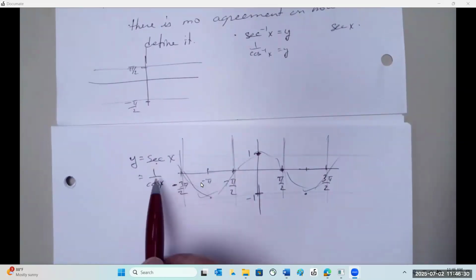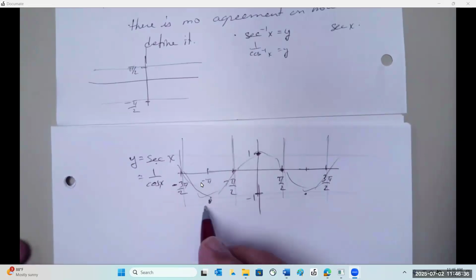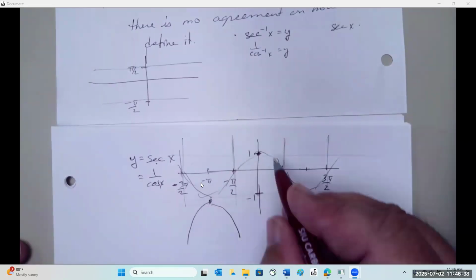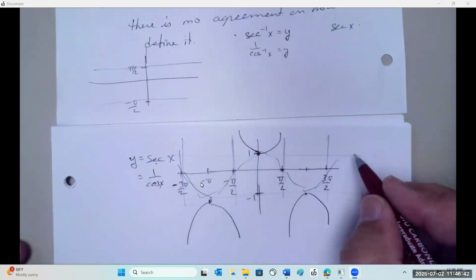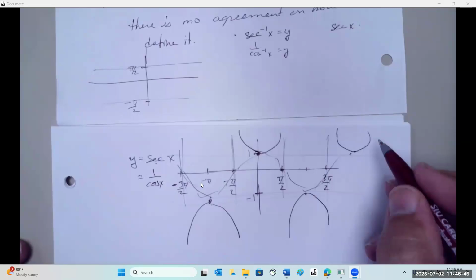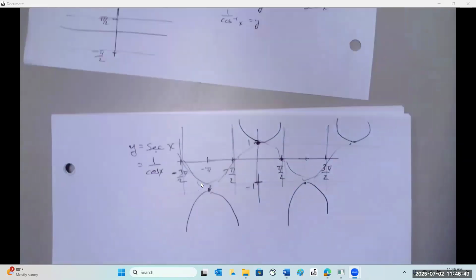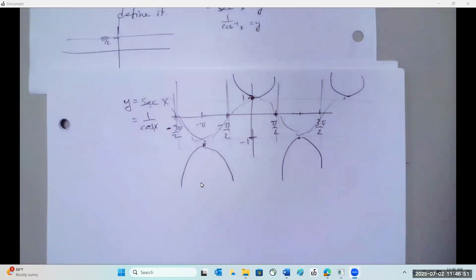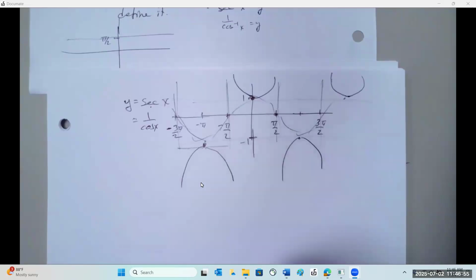The secant function is simply the reciprocal of that. So at this intercept, in that interval, we go the opposite direction. That's the graph of the secant function. So we start off and end between 1 and negative 1.